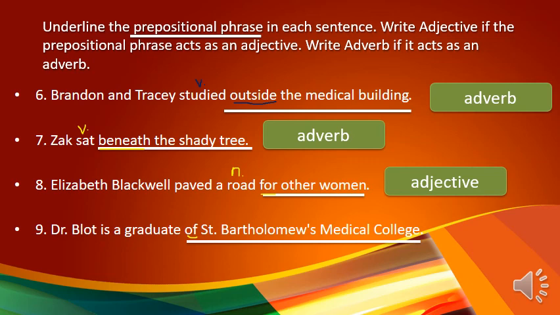And now, which word here is the most important one? What does it modify? Here we have a graduate, which is a noun. So adjectives modify nouns. So we have also an adjective here.